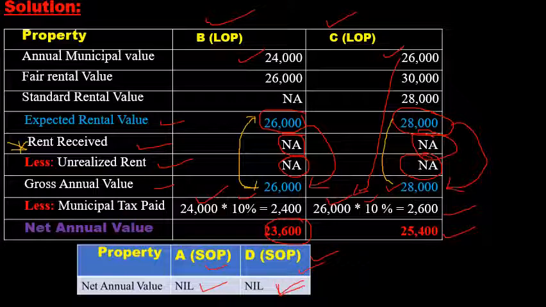So in case of self-occupied property, the procedure starts from net annual value itself. So it is always nil for self-occupied property. So that's about how to find out net annual value whenever the properties are used for residential purpose, or whenever there is self-occupied property and deemed let out property. Thank you.